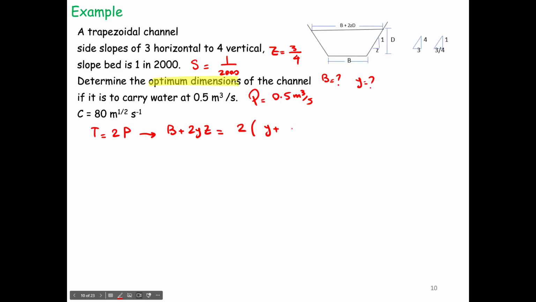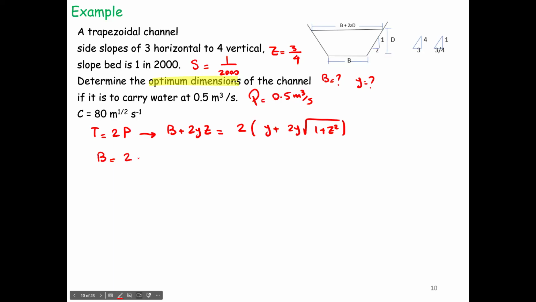Y plus 2Y square root of 1 plus Z squared. So this is T, this part is P. I will keep B one side.